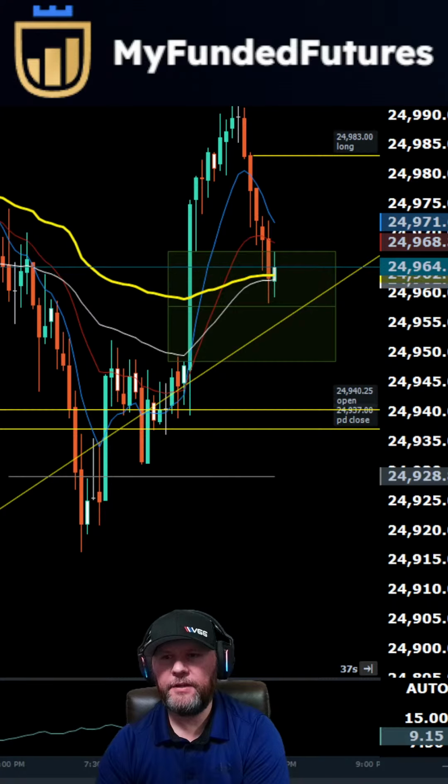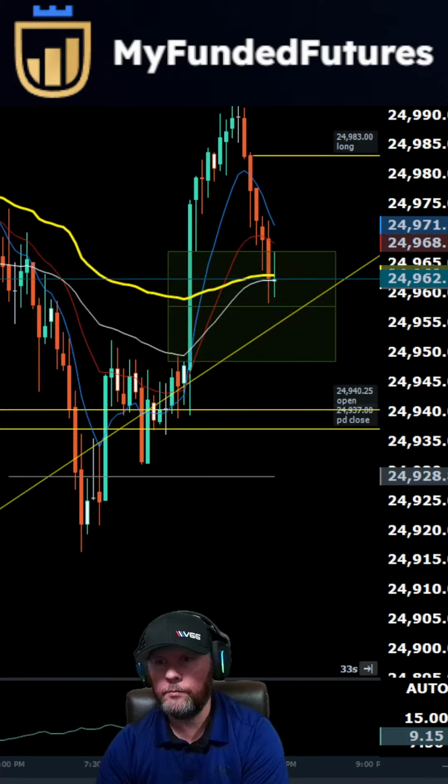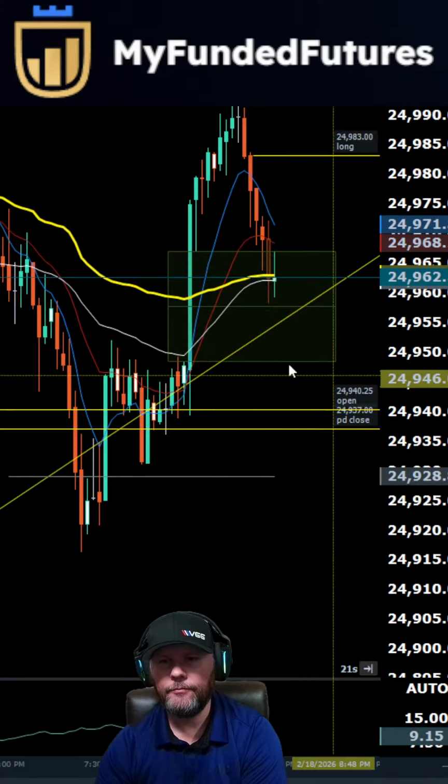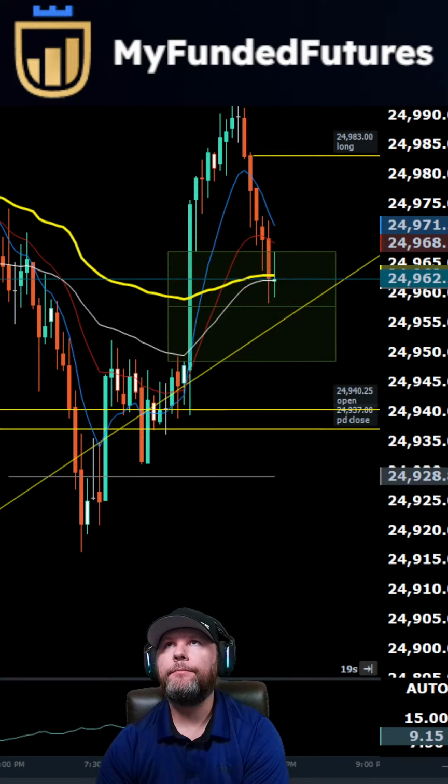New 15-minute candle here in about 30 seconds. I'm watching the 5-minute as well. You want to see the 2 and the 5 close below together here. It needs to close below 948 effectively.